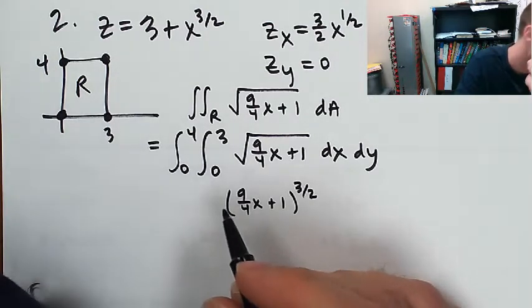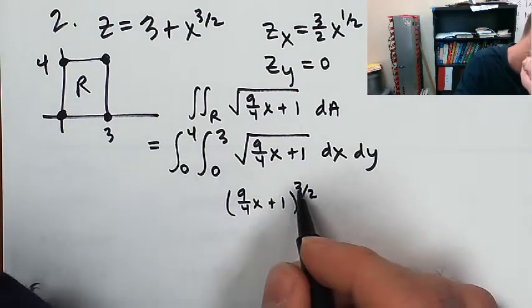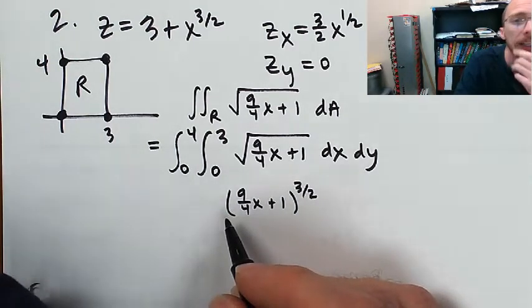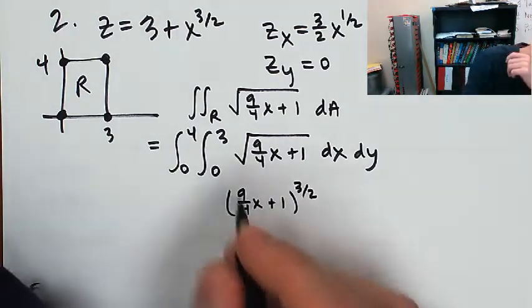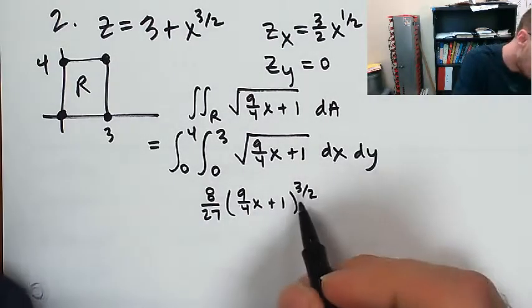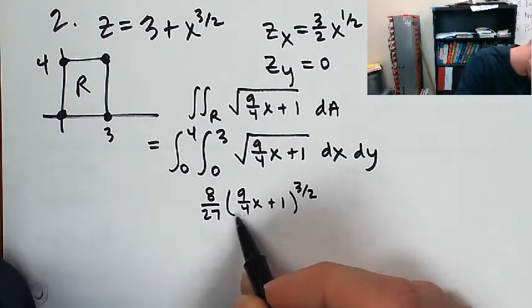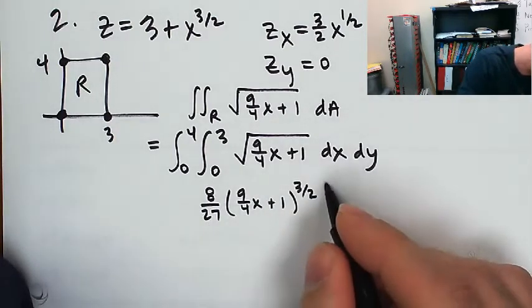So I'd have 3 halves times 9/4 out here, that's 27 over 8. And I don't have 27 over 8, so I'm going to prepare for that by multiplying by 8 over 27. This is also what I would get if I did 2/3 and then divided by 9/4 or multiplied by 4/9, however you want to look at it.